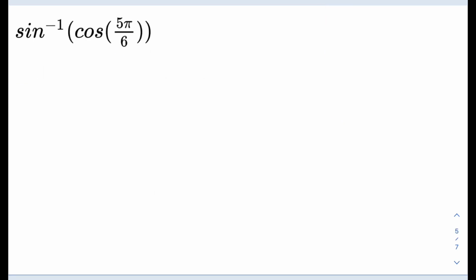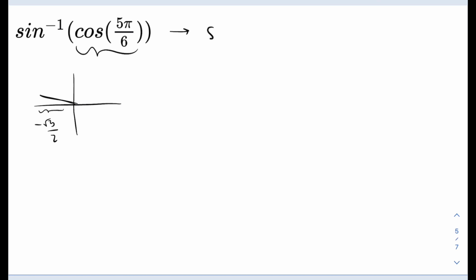This next one is very similar, but it just mixes cosine and sine. So we will again start from the inside out. When I look here, cosine of 5 pi over 6, that angle's right here. It's the longest distance. It's going to the left, so it's negative. So that is going to be negative radical 3 over 2.